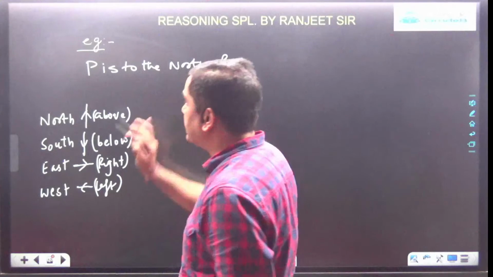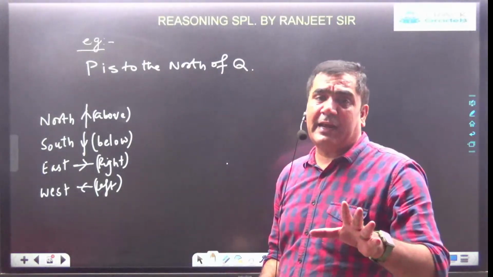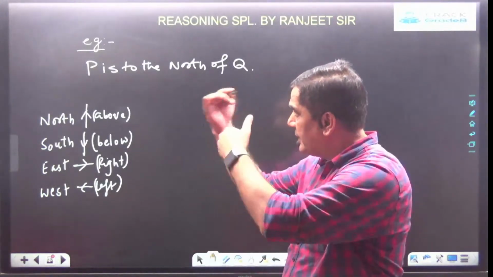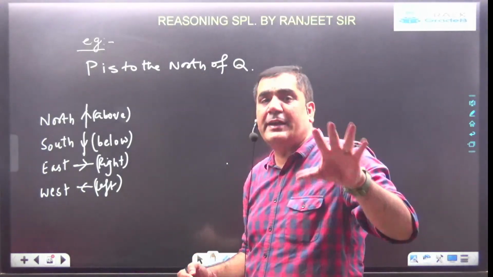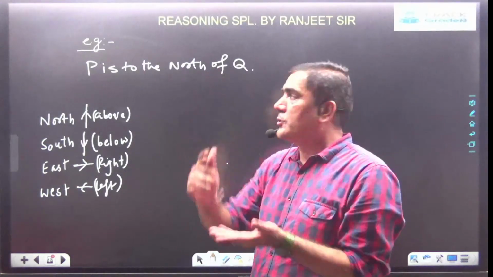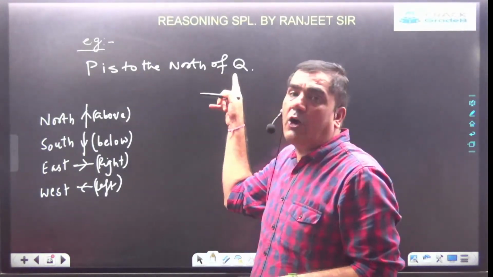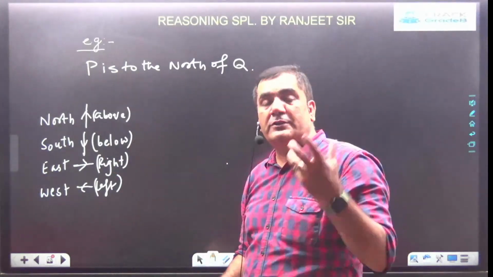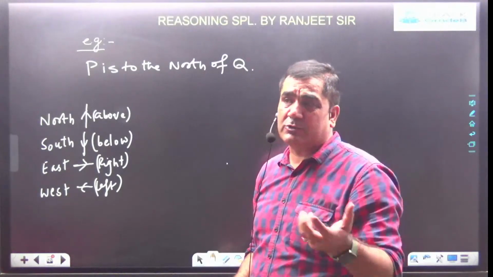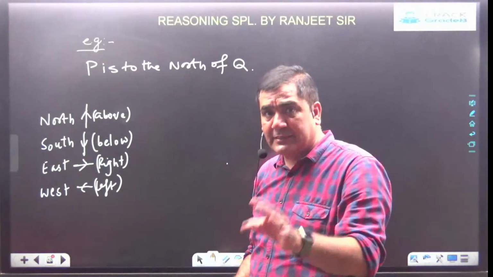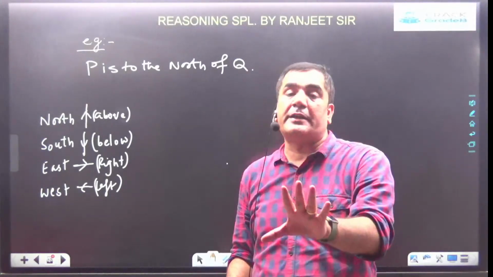Whenever this statement is going to come, everybody will read like this only: P is north of Q. But you will never read north as north. Whenever they say north, it means above. So I will say P is to the above of Q. For south, you don't read south as south. South always means below. East is always read as right, and west is always read as left.